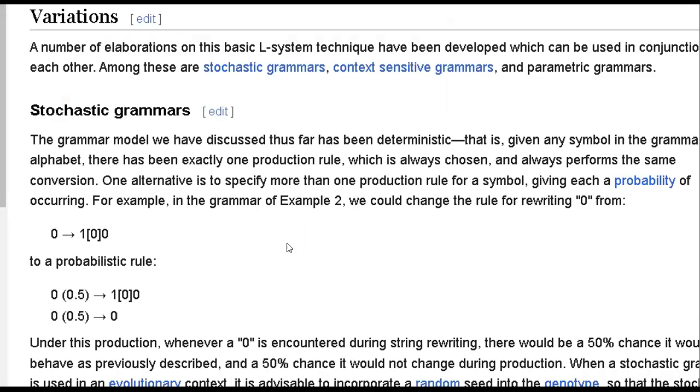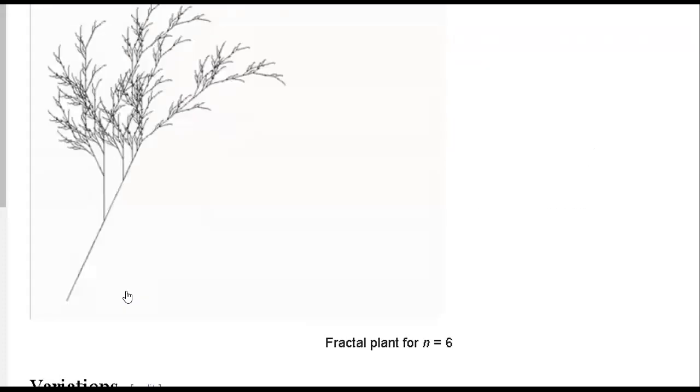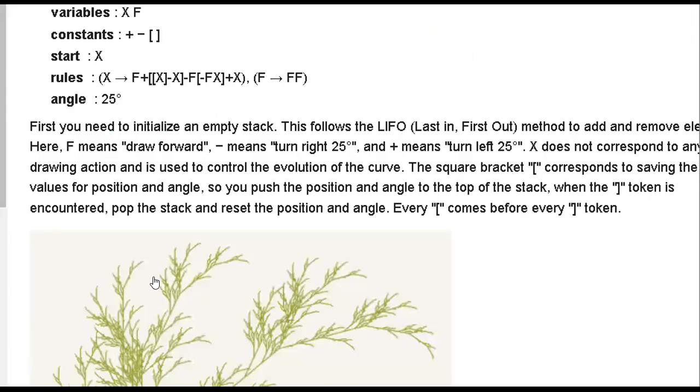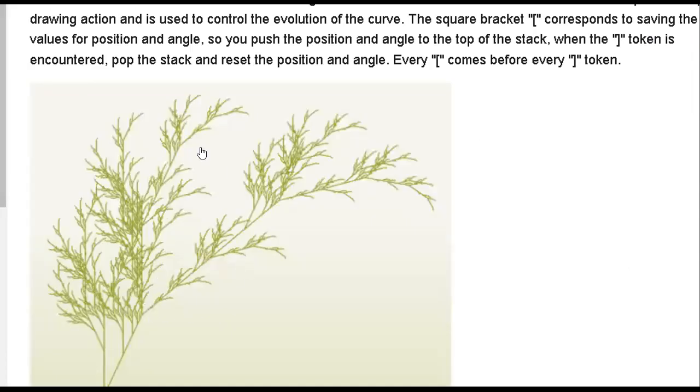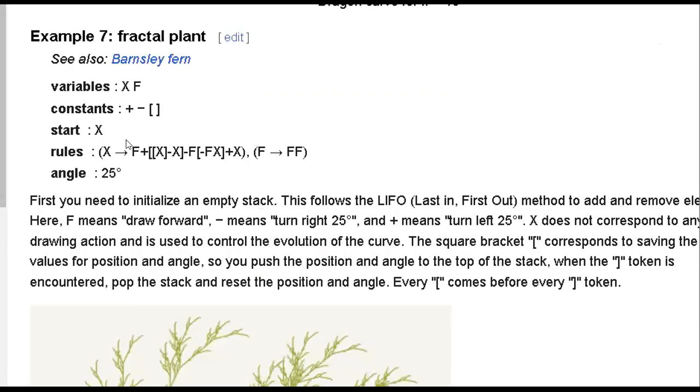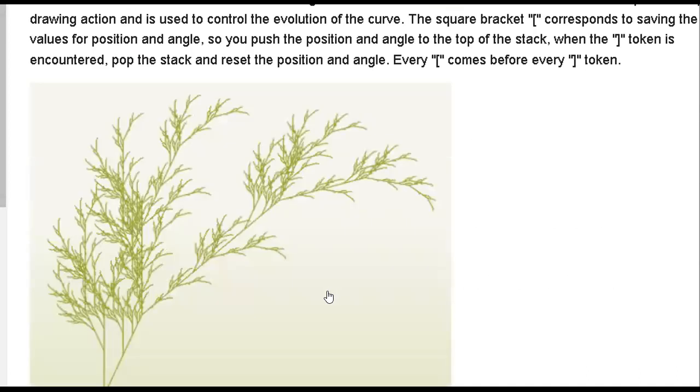If you include a probability when you define these rules, you get a different structure every time.